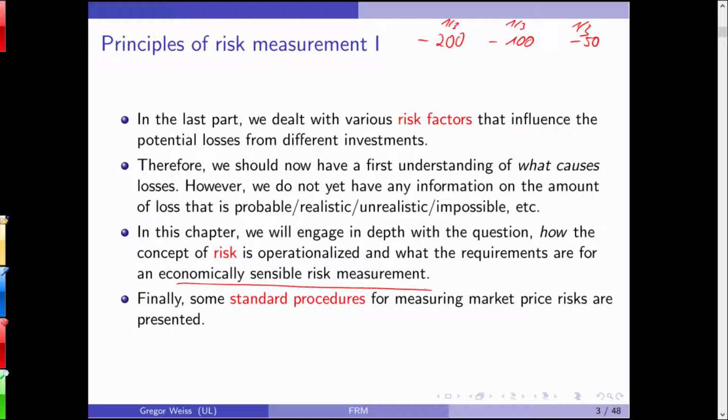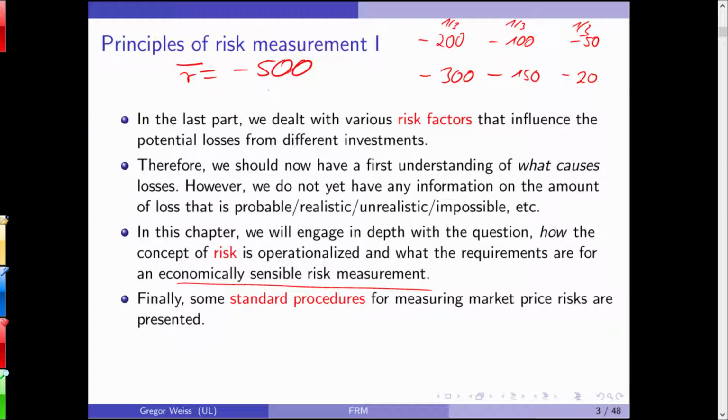Now, risk measures should also be economically sensible. What is meant by this? You could come up with any kind of risk measure. For example, the most basic idea to measure risk could simply be to say, I have these two distributions, and my risk measure would simply be minus 500, understood as a worst case scenario.